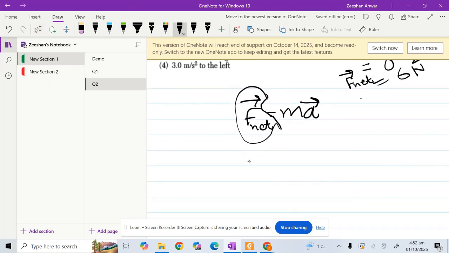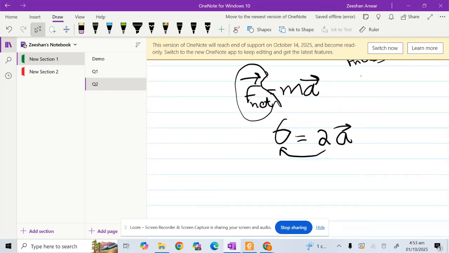Okay, so here force is equal to 6, mass is equal to 2 kg, and we are going to find the acceleration. For this purpose, 2 here is multiplying, so we shift it towards the other side of the equation.